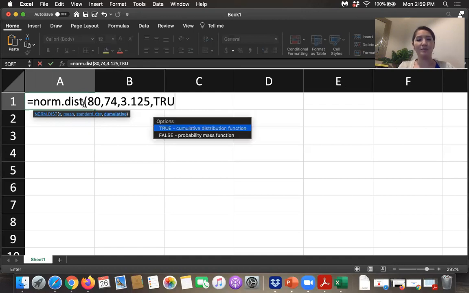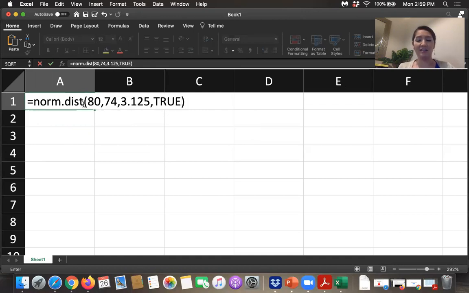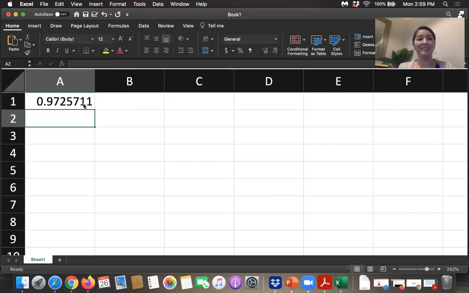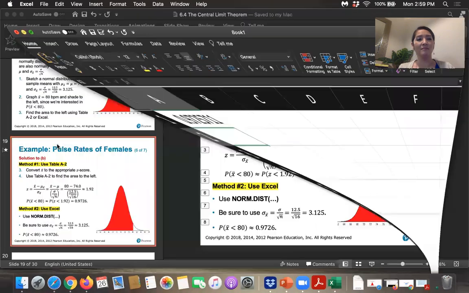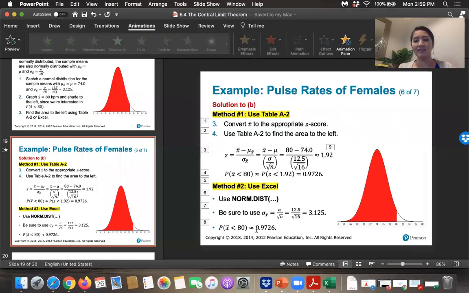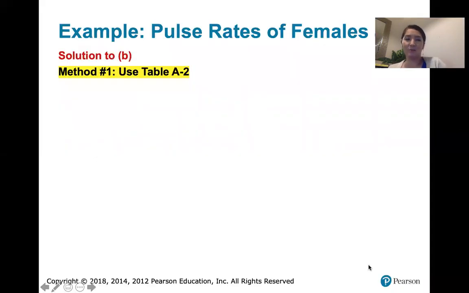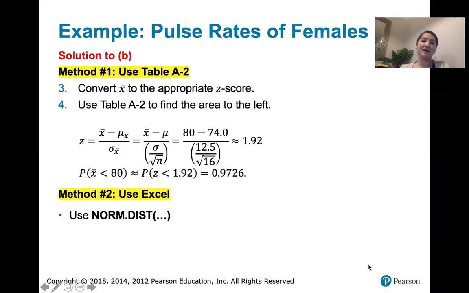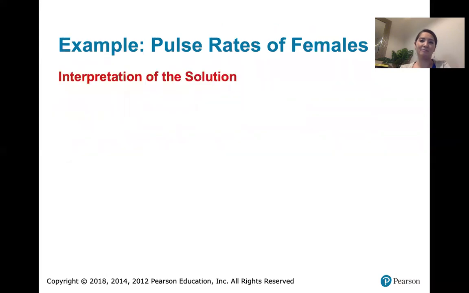And then we want to say, yes, we want a cumulative distribution. We want the area to the left. And we get 0.97257. And so that's 0.9726 when we round. So we get exactly the same answer with Excel that we got using table A2.